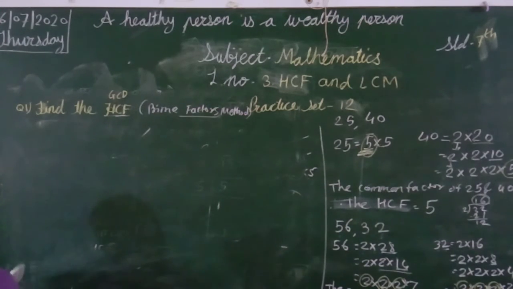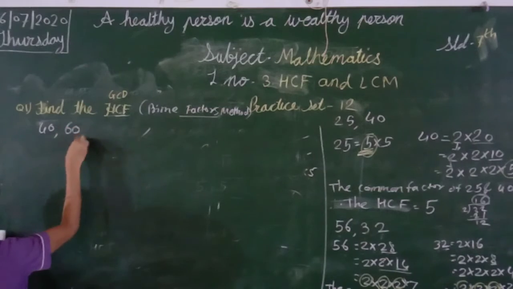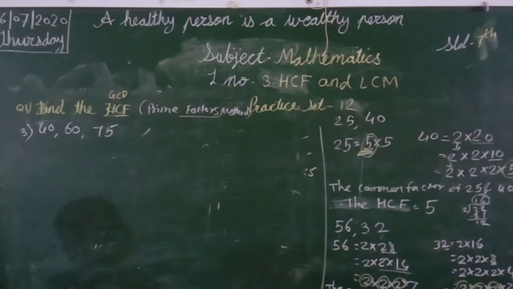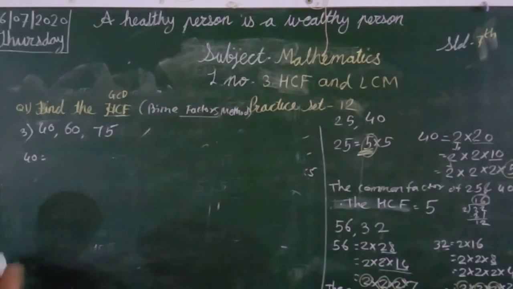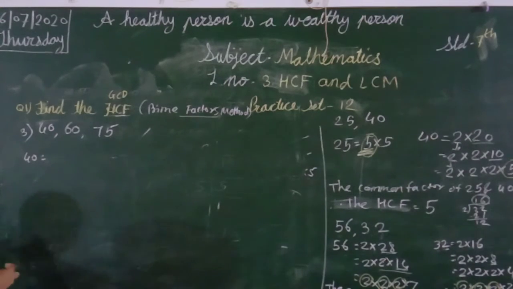Which one? 40, 60 and 75. Now we will see the third one. Okay, first we will see 40. Now students, this one we will solve vertically.